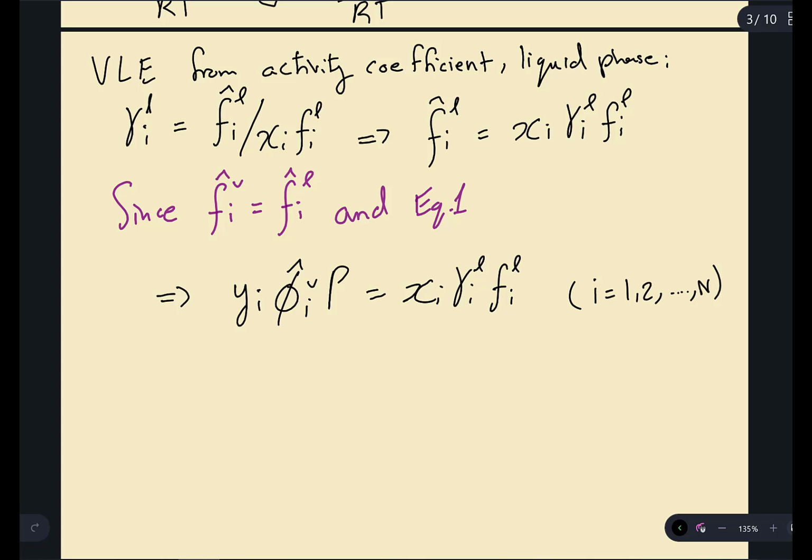So we've already seen an expression to solve for the fugacity of the pure substance, liquid, using the equations we've derived before. So let's write those down.